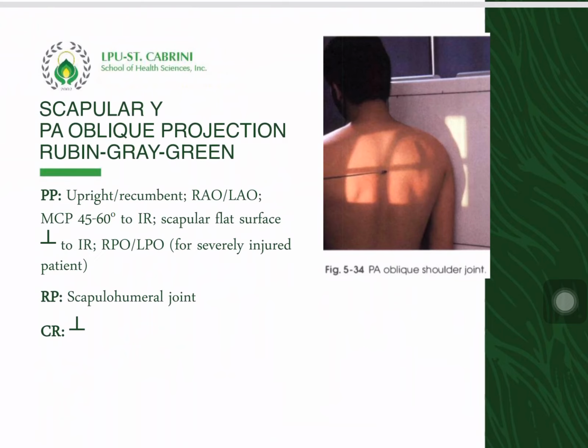Palpate the scapula and place its flat surface perpendicular to the image receptor. Position the center of the image receptor at the level of the scapulohumeral joint. The central ray is directed perpendicular to the shoulder joint.